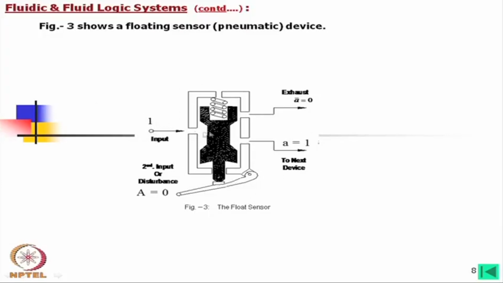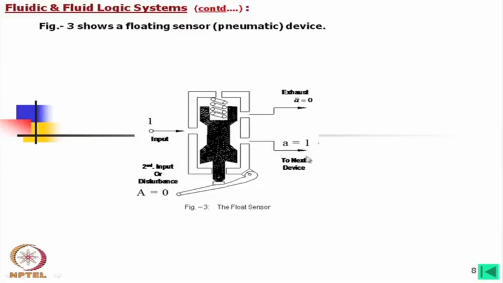Input means, as I told, a flow of not very high pressure. This flow goes through this and then goes out in normal conditions when the lever is at this position. So, if this flow is there, then there is a flow output. So, what we put as input 1, output A is also 1.